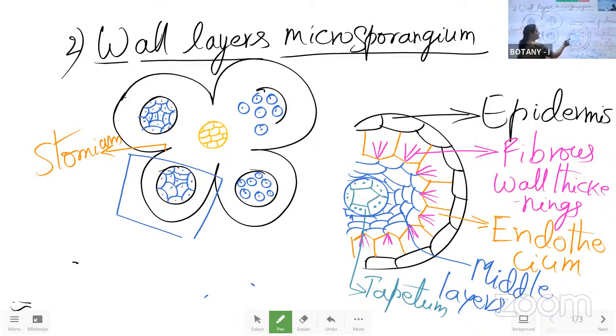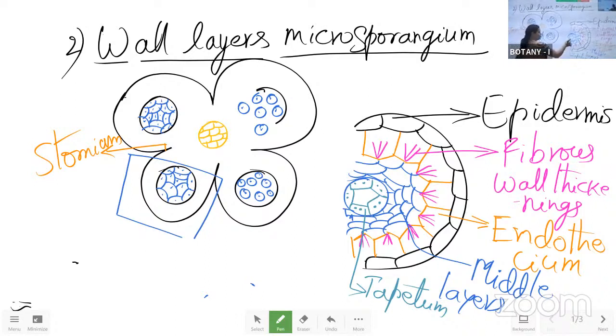So the tapetal cells are simple parenchymatous rectangular shaped cells placed without intercellular spaces. The next sentence is: all the tapetal cells are binucleated so that they can store a maximum amount of food material in them. That's the main nature of the nuclei.